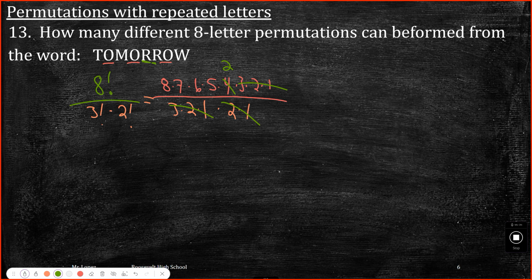What is that? Or you could have just done 8 factorial divided by that. What is 8 times 7 times 6 times 5 times 2?